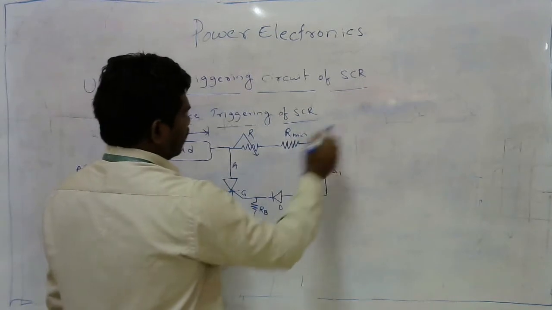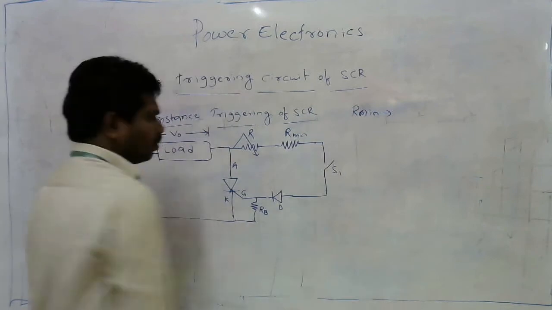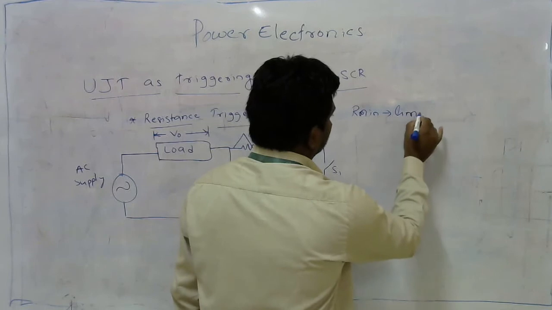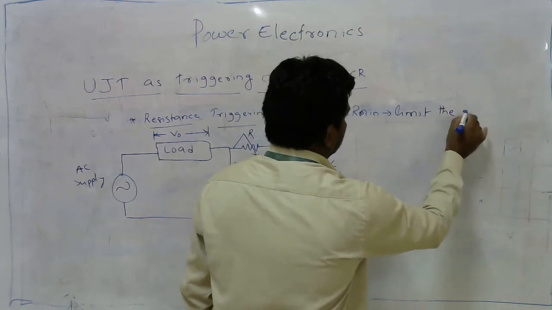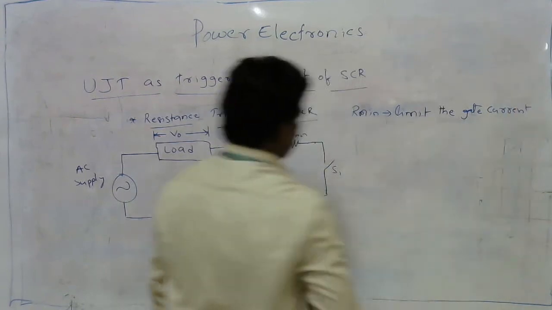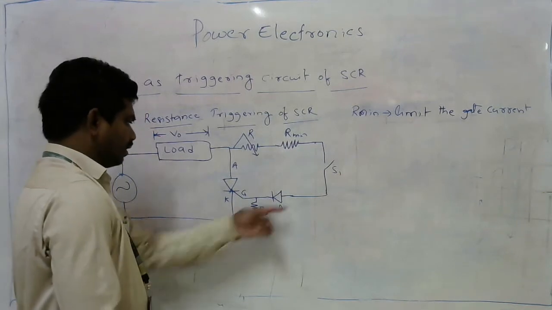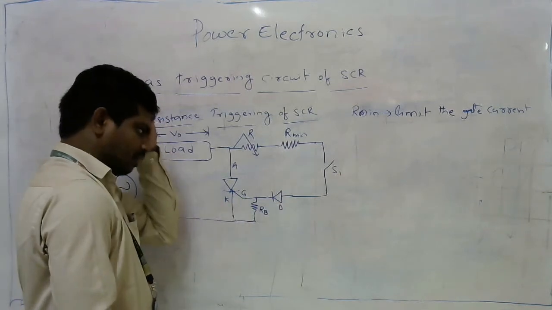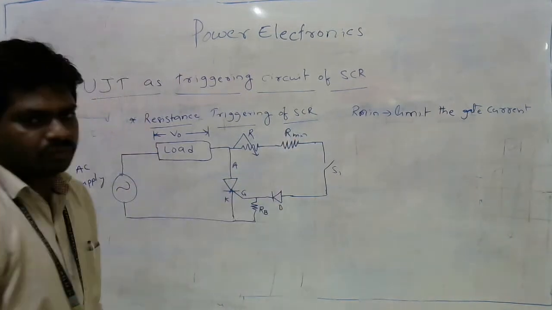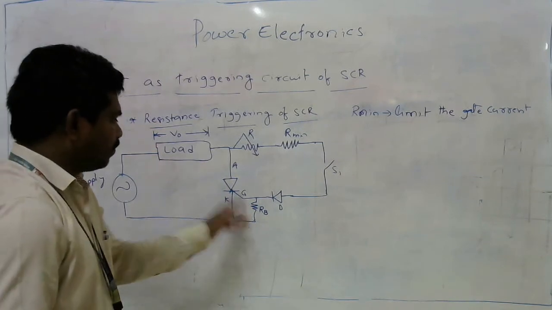First one is R minimum. R minimum is used to limit the gate current. By varying the value of R minimum, the current going to the gate terminal is modified. Otherwise, if R minimum is not there, we couldn't find how much current is going to the gate terminal.